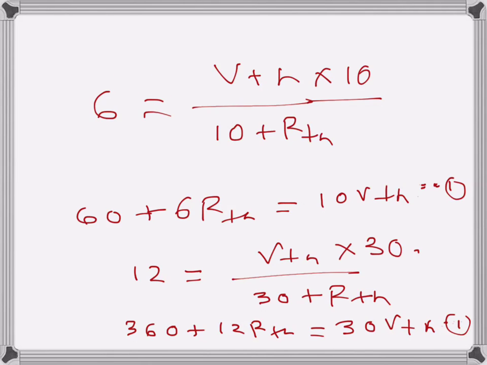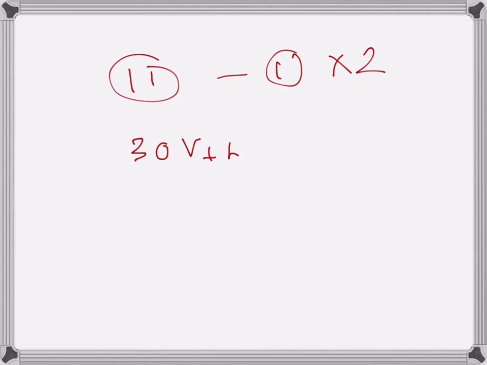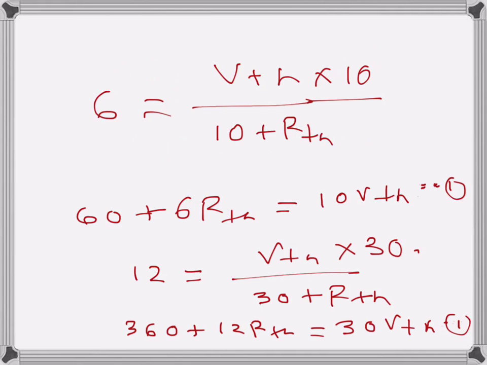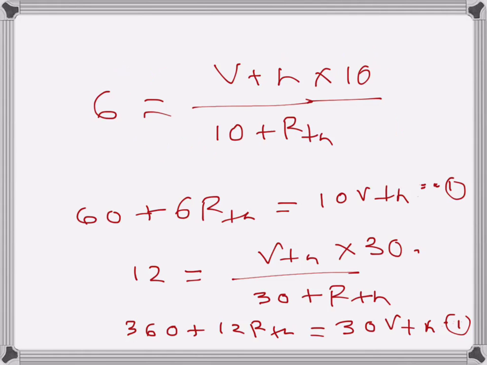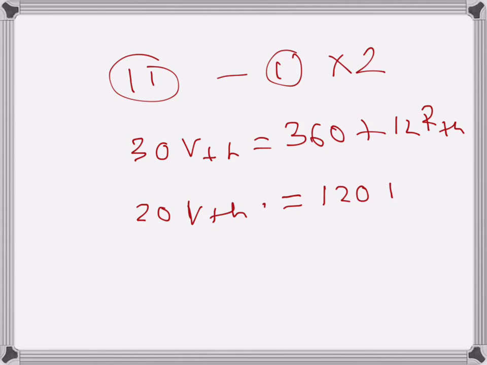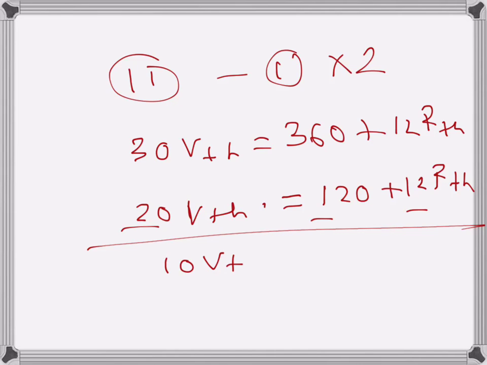Equation 2 is 30 V Thevenin equal to 360 plus 12 R Thevenin, and when equation 1 is multiplied by 2, it becomes 20 V Thevenin equal to 120 plus 12 R Thevenin. I'm just trying to get rid of R Thevenin, so I'm subtracting now. So this will be 10 V Thevenin equal to 240, so V Thevenin will be 24 volts.